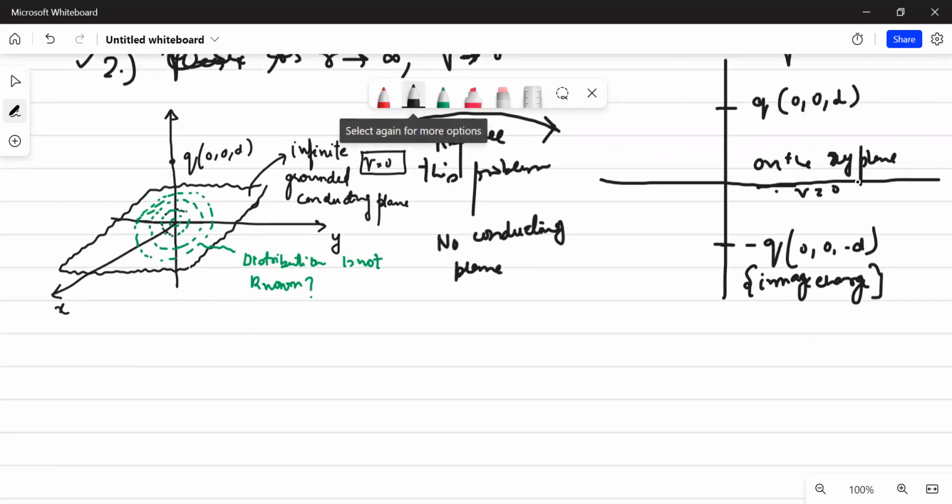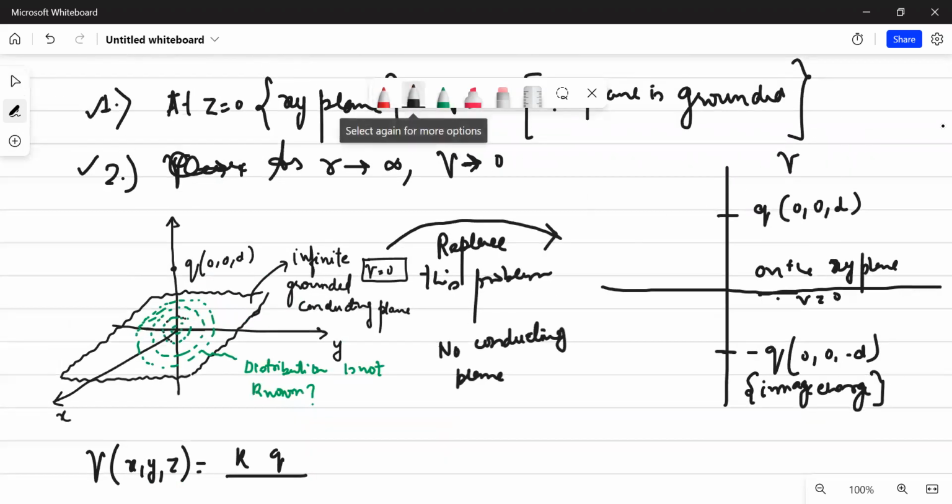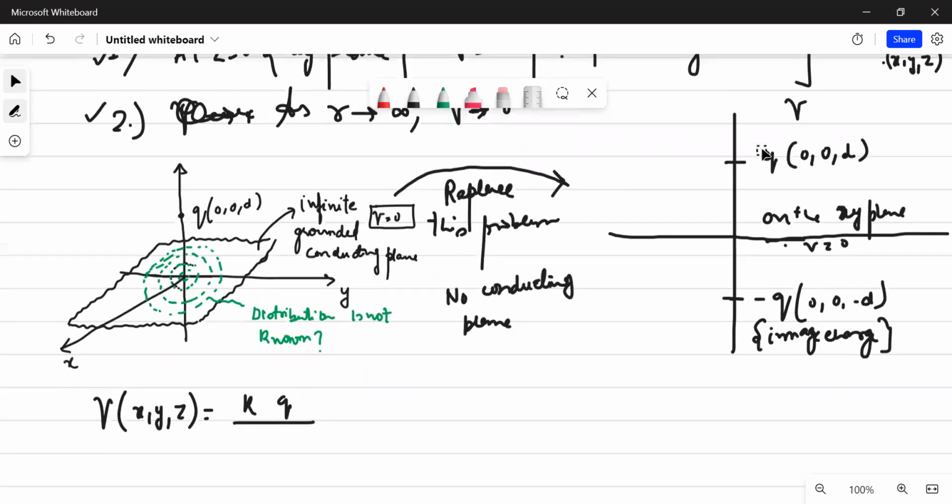Okay, now for this particular configuration, if I want to write potential as a function of r, or as a function of x, y, z, what would be the potential? Let us take any point in space, x, y, z. What will be the potential due to this charge q?